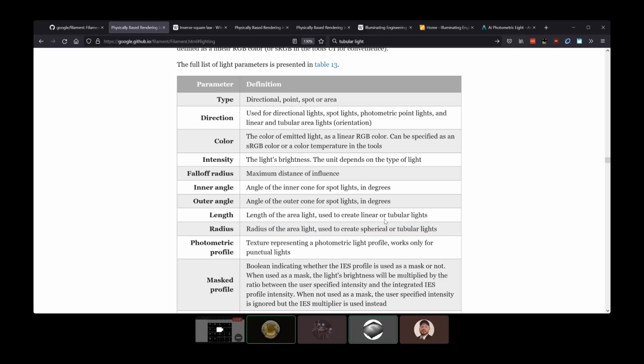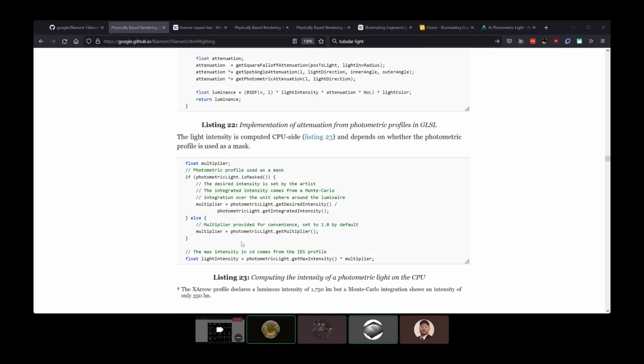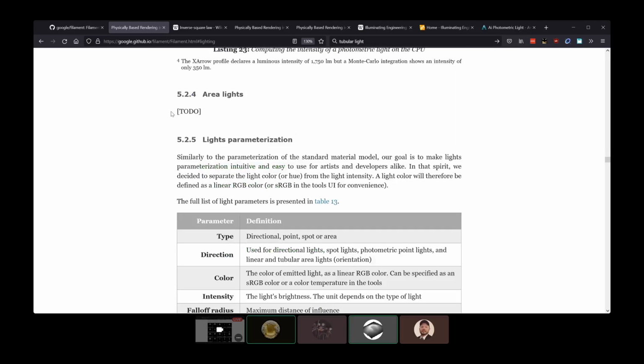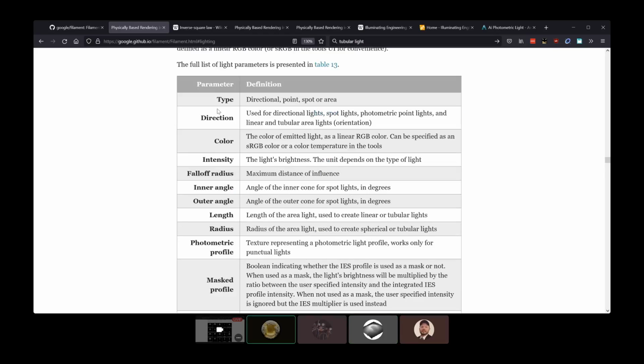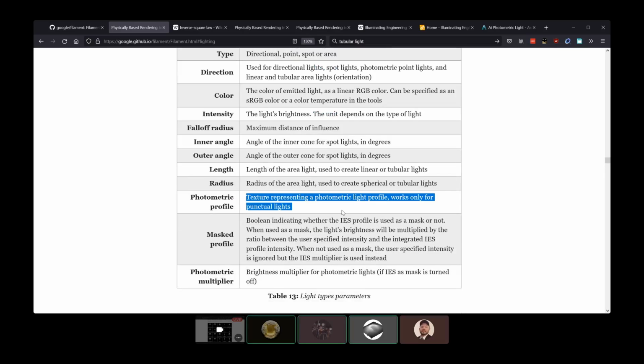Is a light capsule shaped? They kind of skipped over length and radius. They skipped over some of the area lights stuff. They haven't described their area light formulations, so we have no clue. I guess they are capsules, so that's the length and radius.